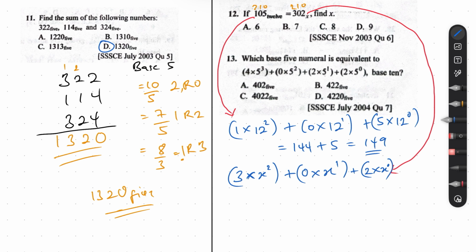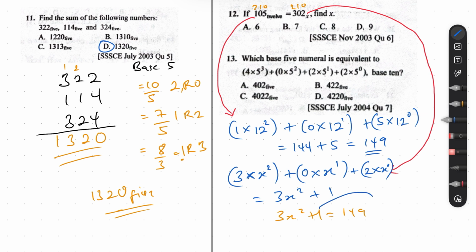Okay, so this will give us 3x squared plus 1. Cool. So now we need to equate this and 149, because that's what we have, right? So let's do that. We have 3x squared plus 1 is equal to 149.